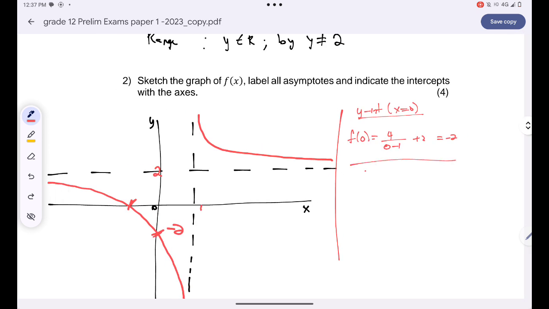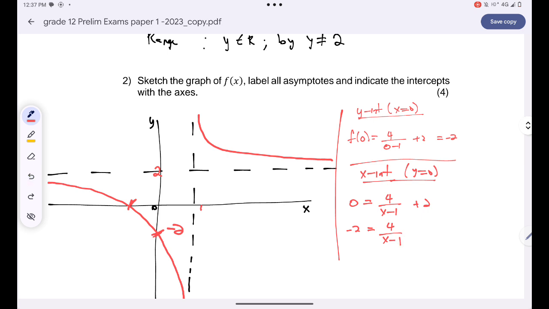For my x-intercept, I know y is equal to 0. I'll simply say 0 is equal to 4 over x minus 1 plus 2. I can take the 2 to the other side. It will be negative 2 being equal to 4 over x minus 1.